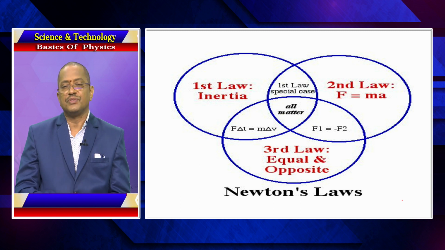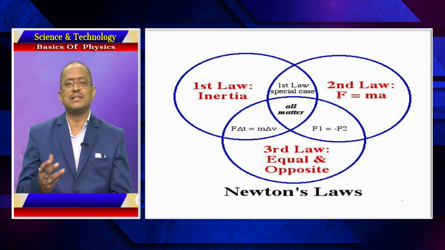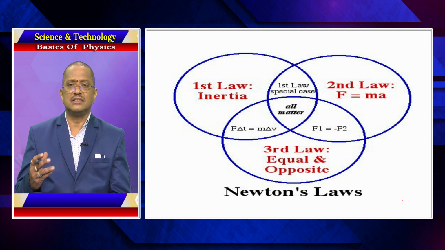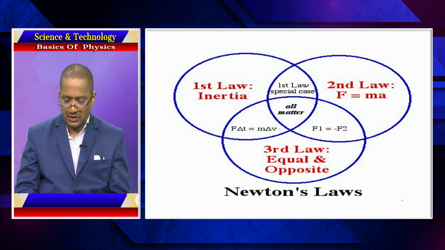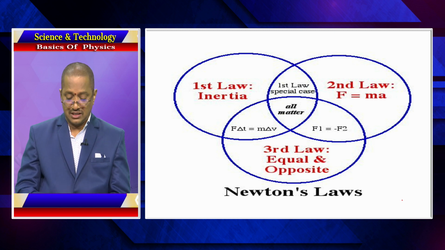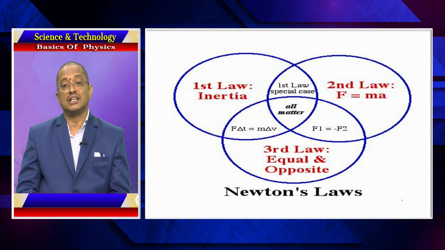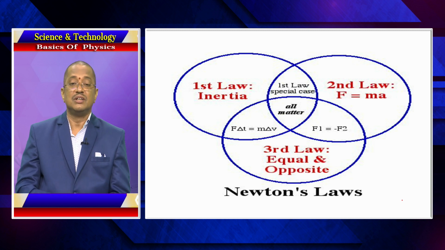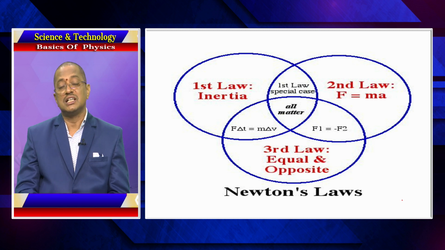The second law says that F is equal to ma. Here the rate of change of momentum is called force. So, F is equal to ma. And the next one, the third law, says that for every action there will be an equal and opposite reaction.